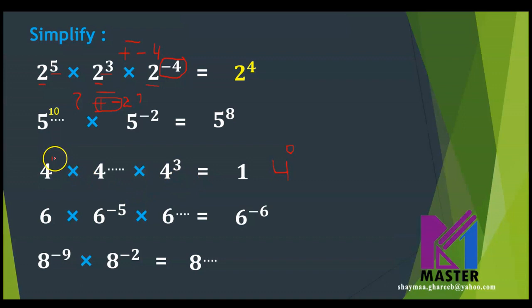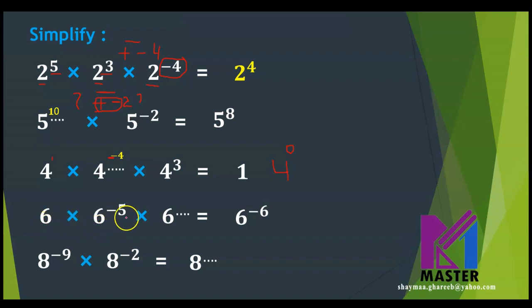I have 1 here. 1 plus 3 is 4. How to make the 4 zero? Minus 4. So I'm going to add here a negative power, which is -4. So when I have 4 plus -4, which means 4 minus 4, it will give me 4 to the power of 0, which is 1.